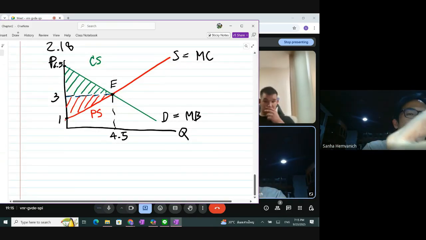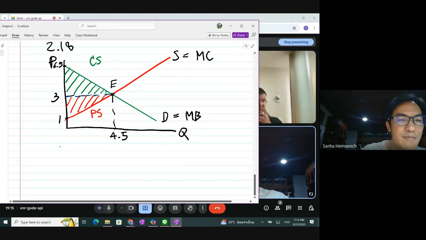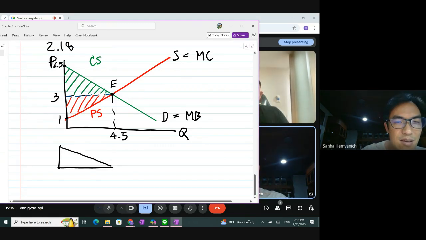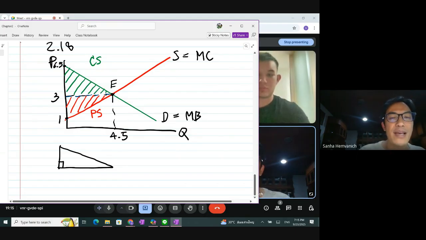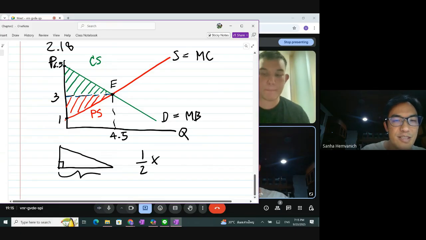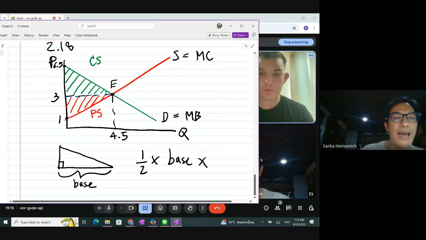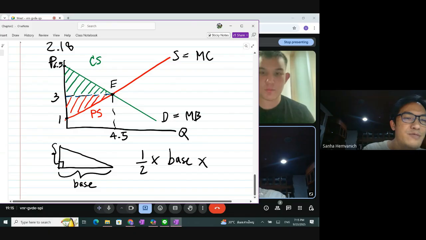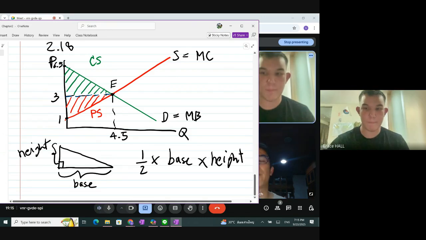We know from math that for a right angle triangle, the area is 1/2 multiplied by the base, which is here, and then multiplied by this length, which we call the height.